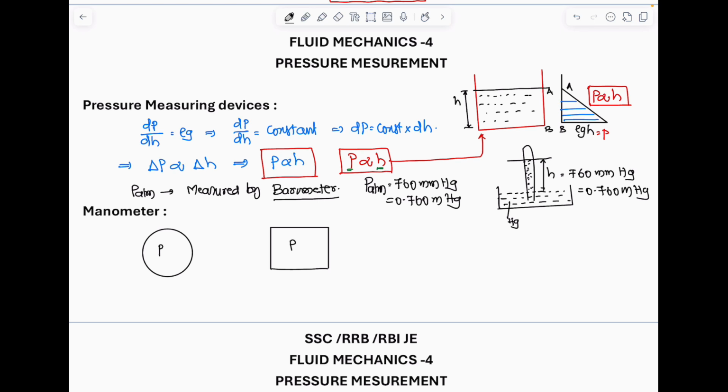What I will do is connect one small tube like this. And here also I will connect one small tube like this.